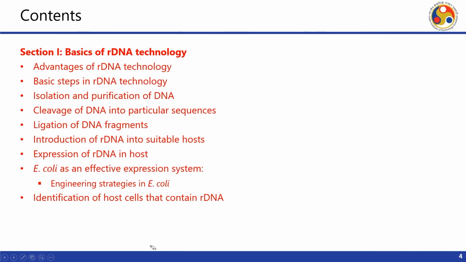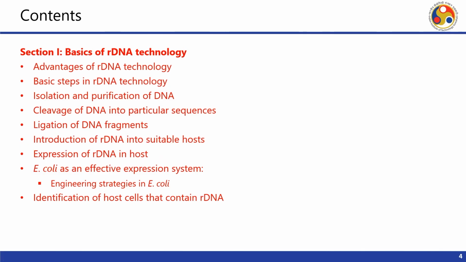Hosts basically are living cells where these vectors will multiply, thereby also multiplying the recombinant DNA. For production of protein therapeutics, the gene that we clone into the vector needs to be expressed first, transcribed and then translated. So we will also have a discussion about the expression of recombinant DNA in the host.